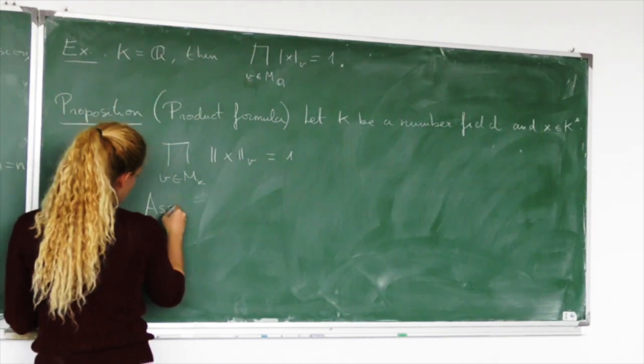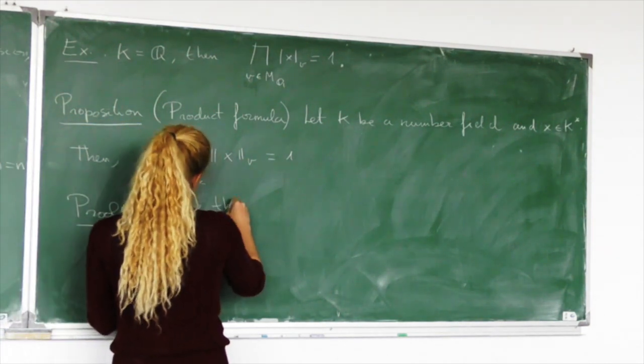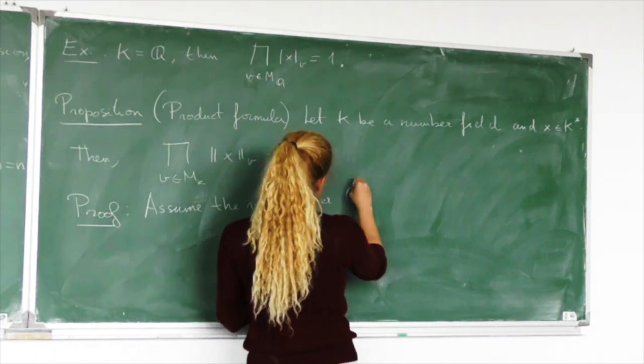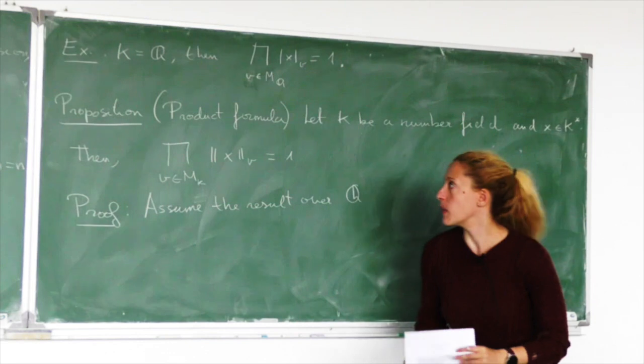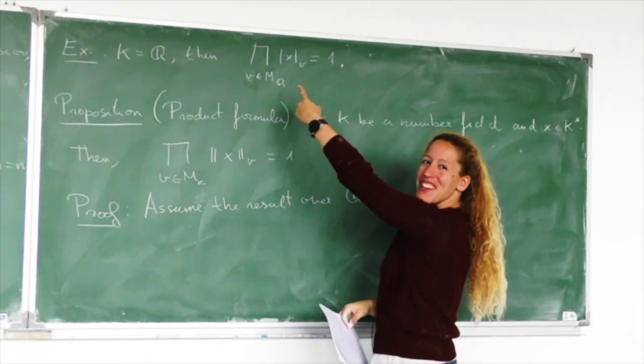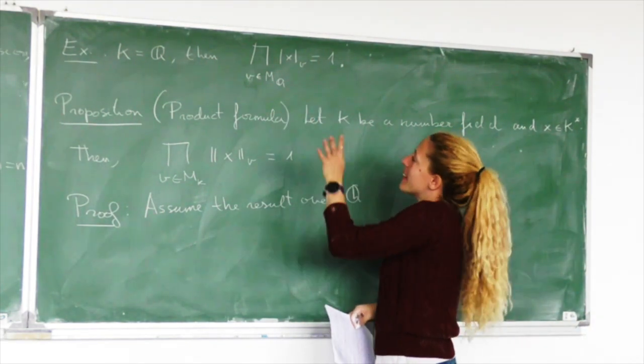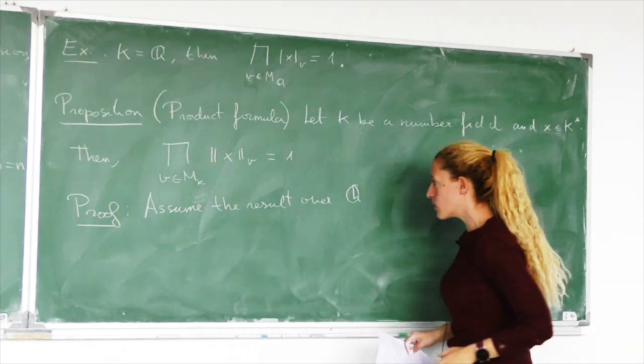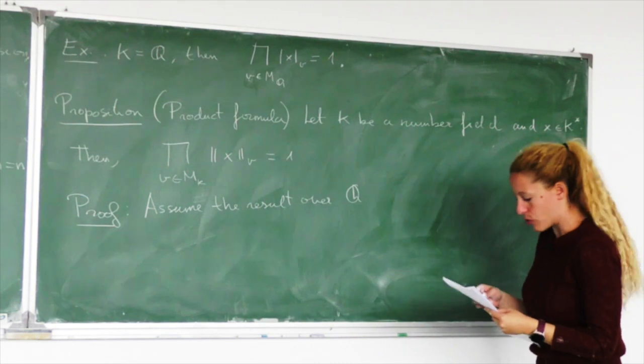So first, assume the result over the rationals. But well, assuming this is just this, right? That we just check it, or at least the details are left as an exercise, but we already saw it. So we can assume that the result is true over the rationals. We already saw it.